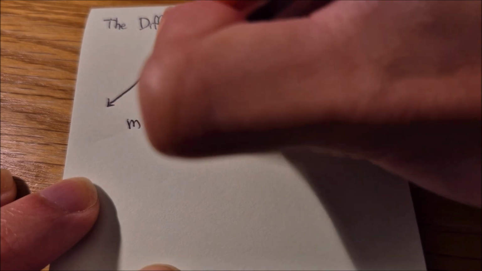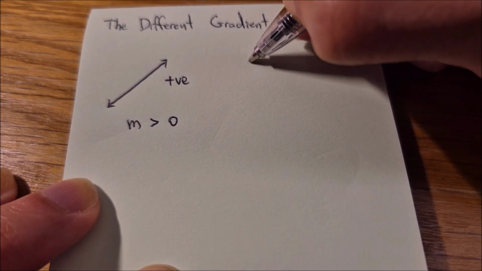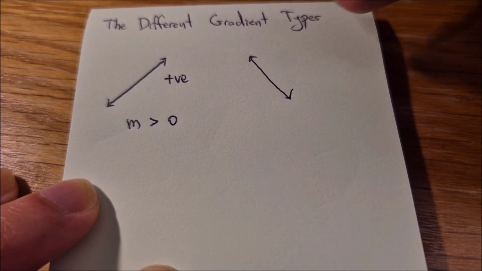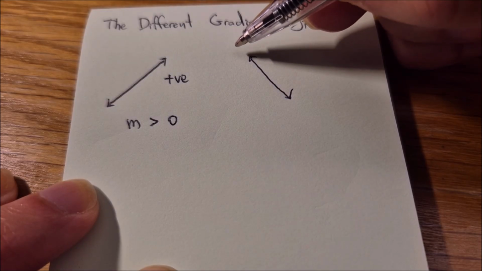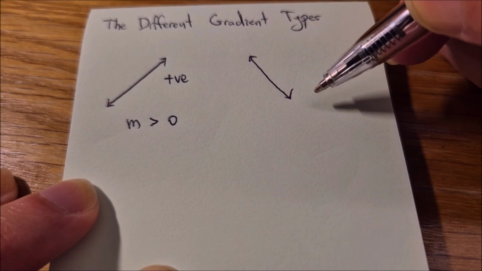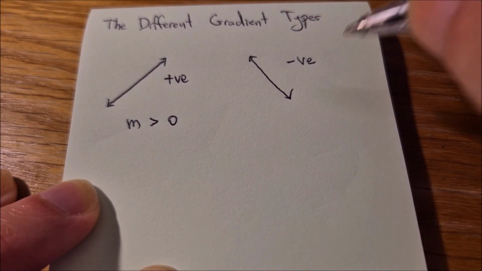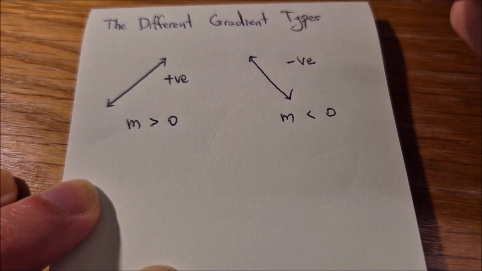So m will be greater than 0. If it's like this, where the direction of the slope is going from the top left to the bottom right, our gradient will be negative, which means it's less than 0.